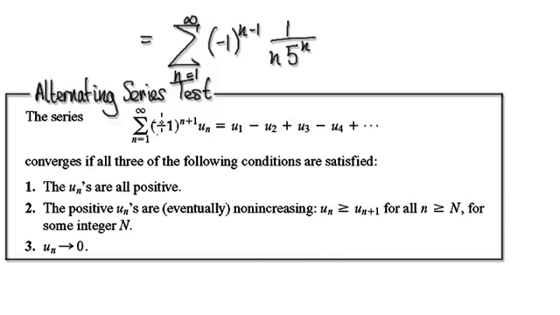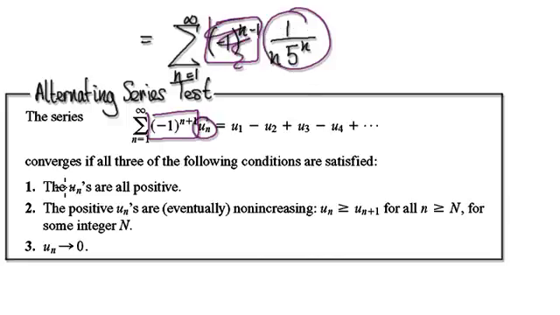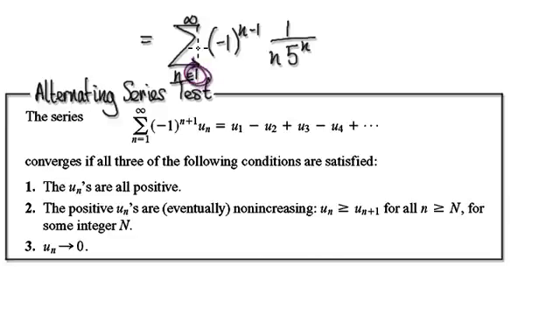So our normal routine would be to discard the alternating component, to discard this bit, and just concentrate on the UN. Make sure all the UNs are positive. So well, you can see n is moving from 1 to infinity. N is always positive. So UN here will always be positive. So this is good.